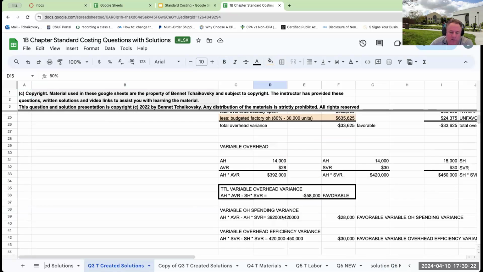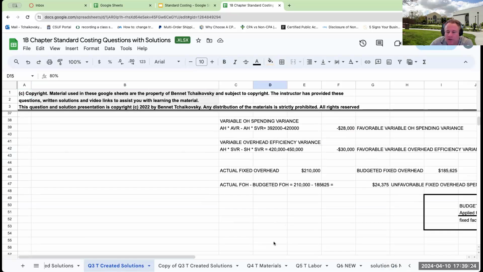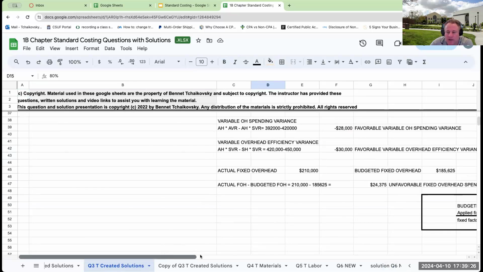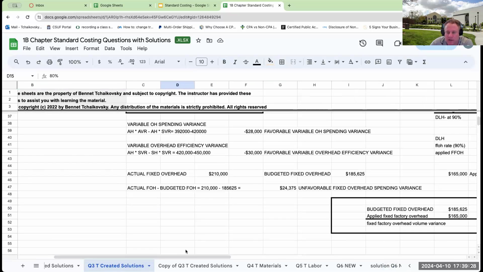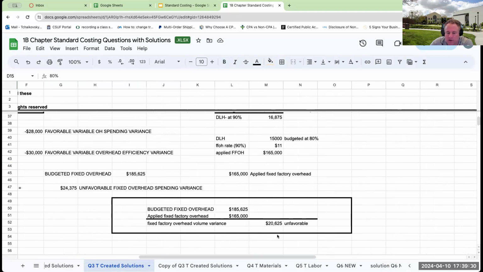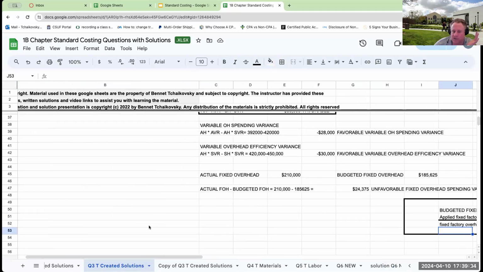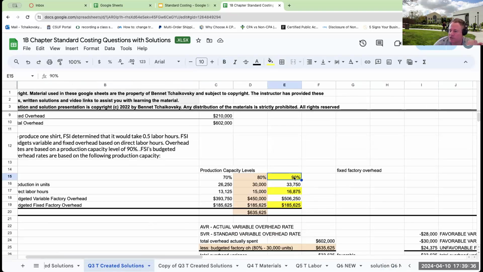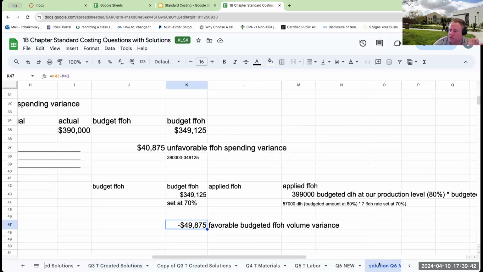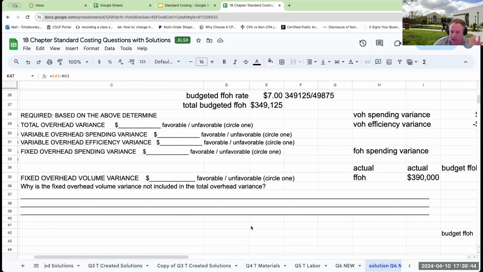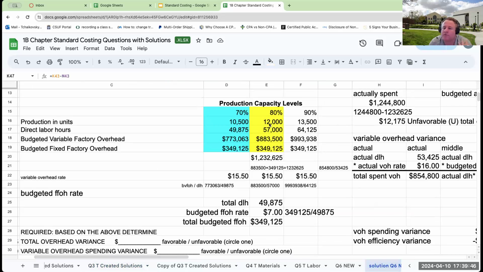And if I look at this question over here, this is going to be an unfavorable volume variance. Why is this one unfavorable? Because we budgeted at 90 and we only came in at 80. We were less efficient than what we had anticipated. Here, in this example, we were more efficient than what we had anticipated.